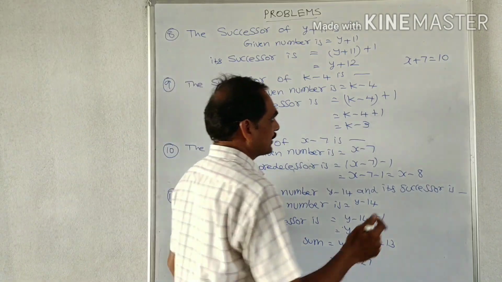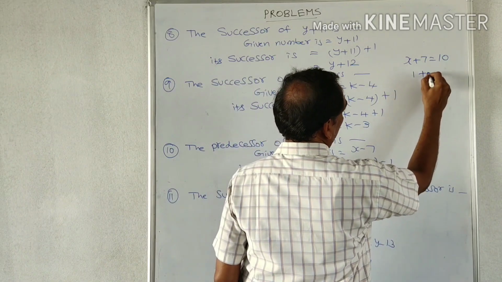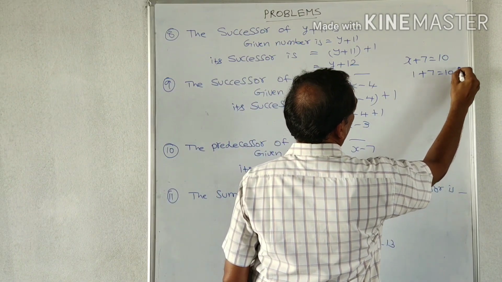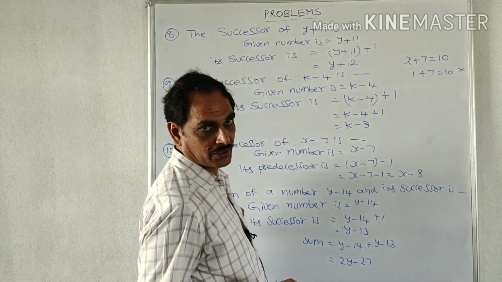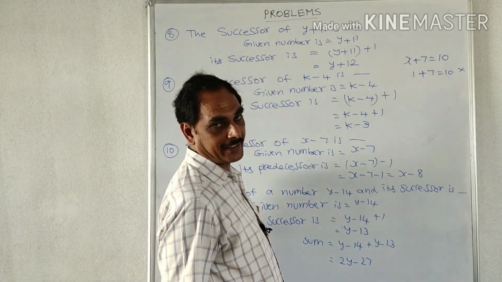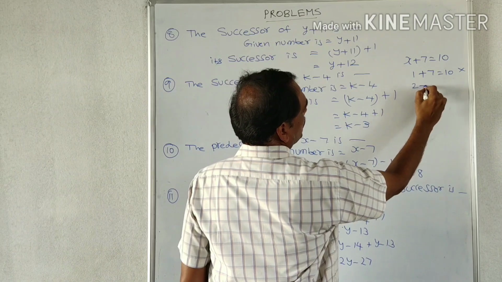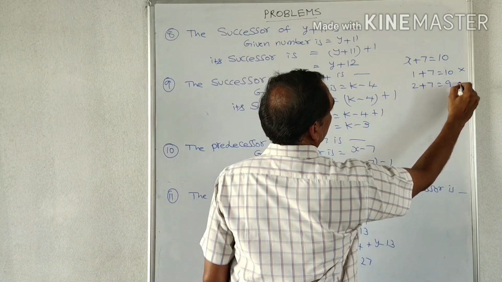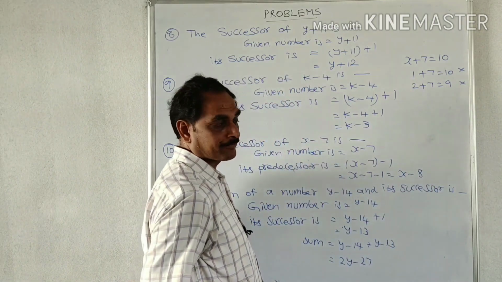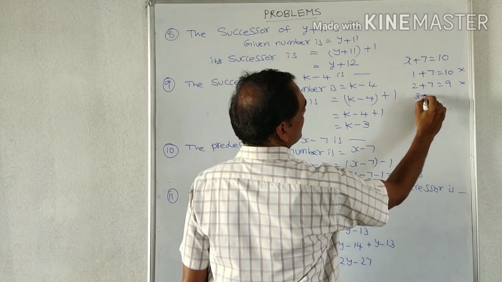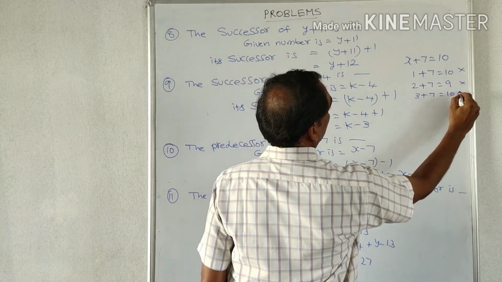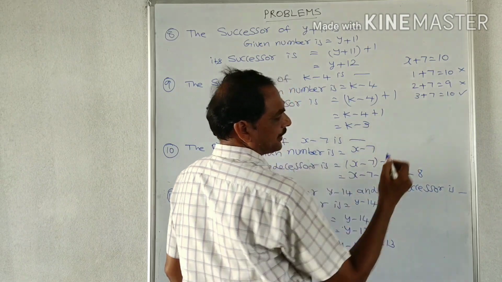Suppose we take x equal to 1: 1 plus 7 equal to 10. This is wrong, 1 plus 7 is 8, and 8 equal to 10 is wrong. Again we take 2 plus 7 equal to 9. This is also wrong. Next we take 3 plus 7 equal to 10. This is right.